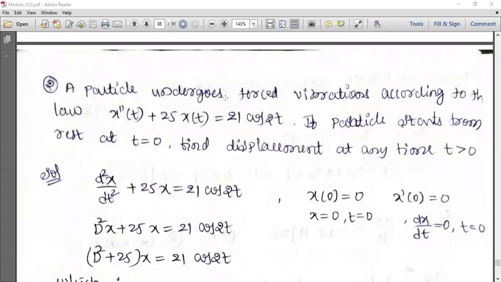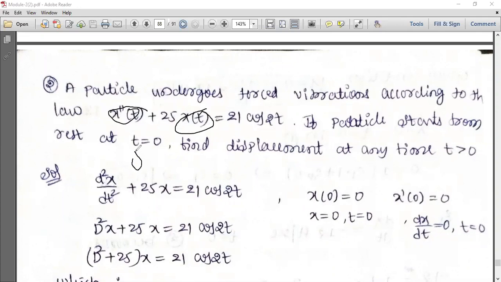So the next example is: a particle undergoes forced vibration according to the law. So this is the law. Here what they have given is that x double dash of t, x is a function of t. This you have to observe very clearly.